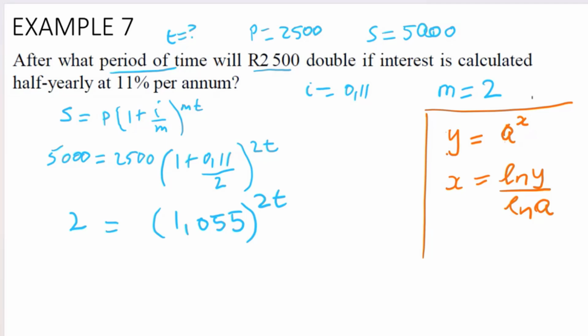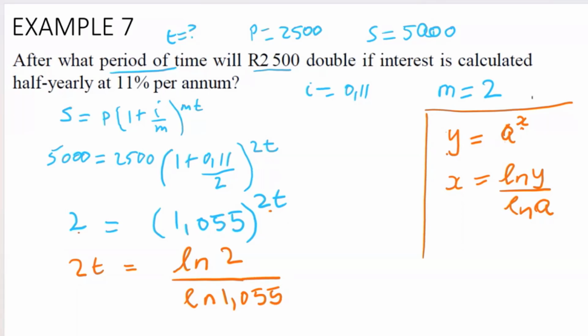That is an algebraic property that you apply when you've got an exponential equation. Here your 2t, that is your exponent, your x side, is equal to the natural log of whatever you find here divided by the natural log of the base you started off with, which is 1,055.